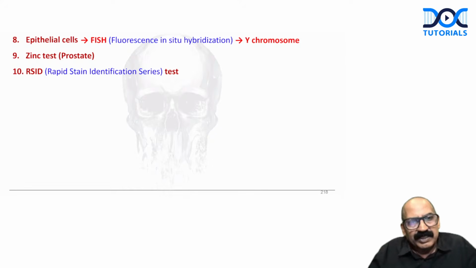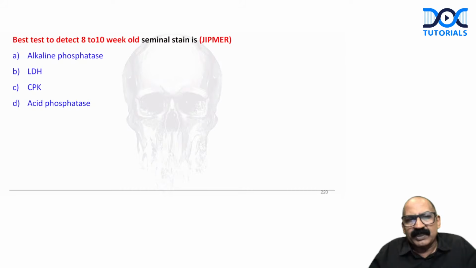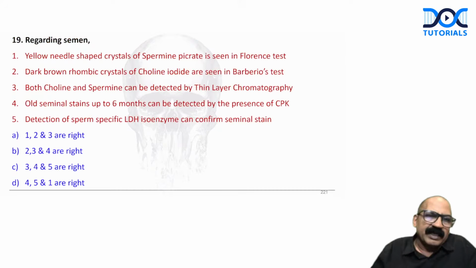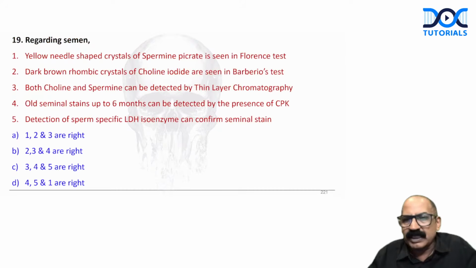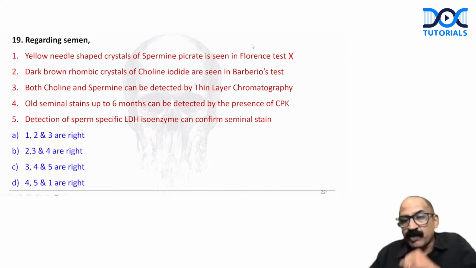Okay. So now, the only test to detect both choline and spermine, asked in JIPMER: thin layer chromatography. Best test today, 8 to 10 weeks, best answer is CPK. Regarding semen, yellow needle-shaped crystals of spermine picrate are seen in Barberio test, not in fluorescence test.